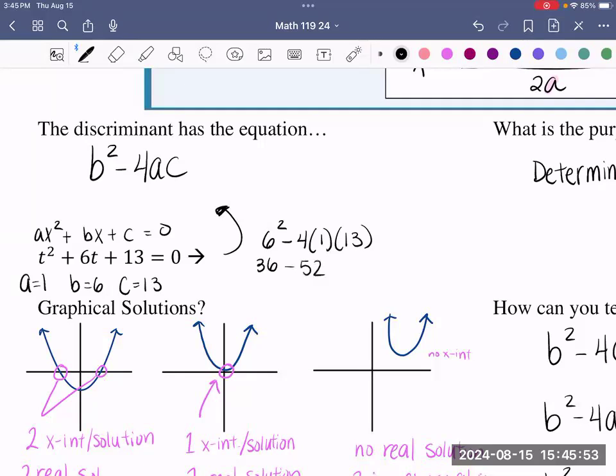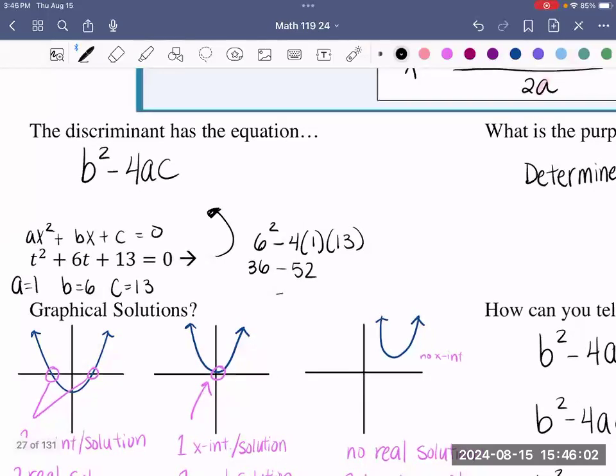So are you going to have a negative or a positive underneath the square root, or a 0? Well, this will provide you with a negative, negative 16. So if that's less than 0, we have two imaginary solutions. So just by looking at your discriminant, we can determine what type of graph we might have.